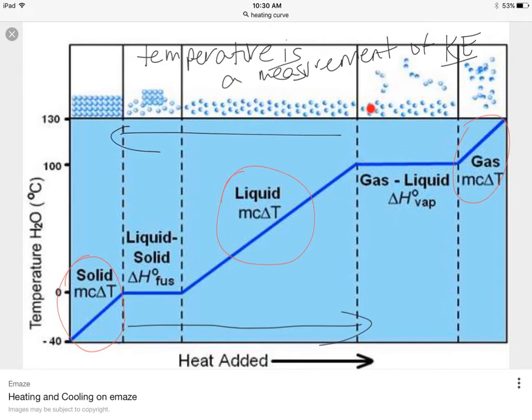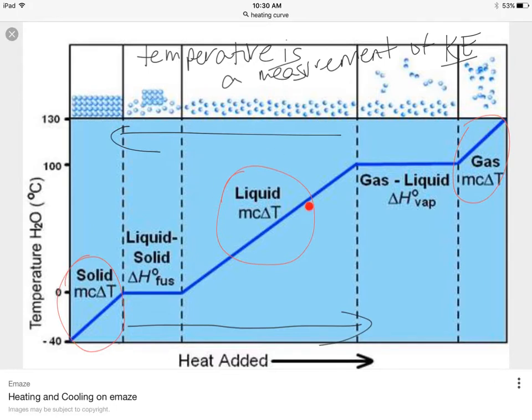The energy you're adding is separating their intermolecular attractions. That's why the temperature does not increase or decrease during a phase change. It's all reverse when you're cooling down, which we're kind of ignoring right now. When they're all a gas, all in the same phase, then if you add any additional energy, it can increase their kinetic energy, which would increase their temperature.